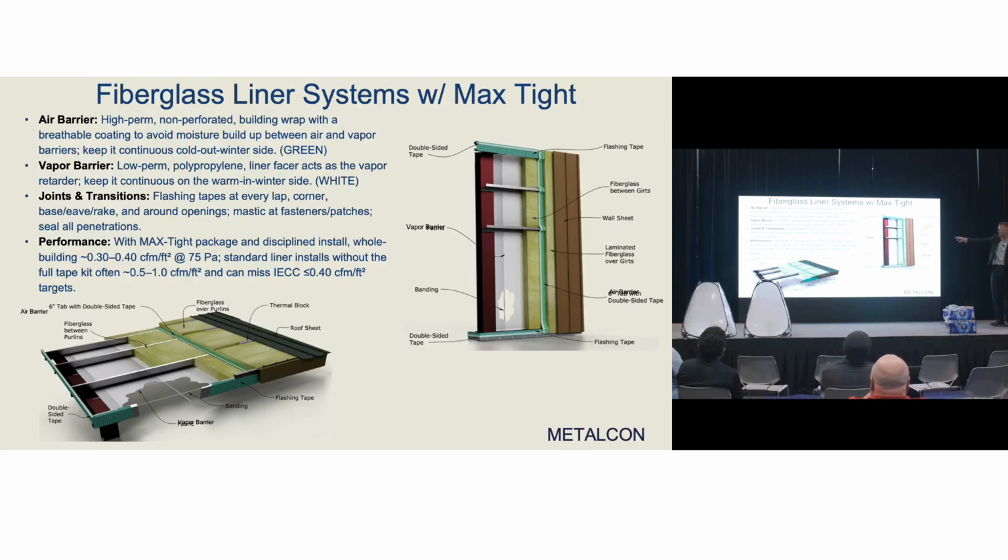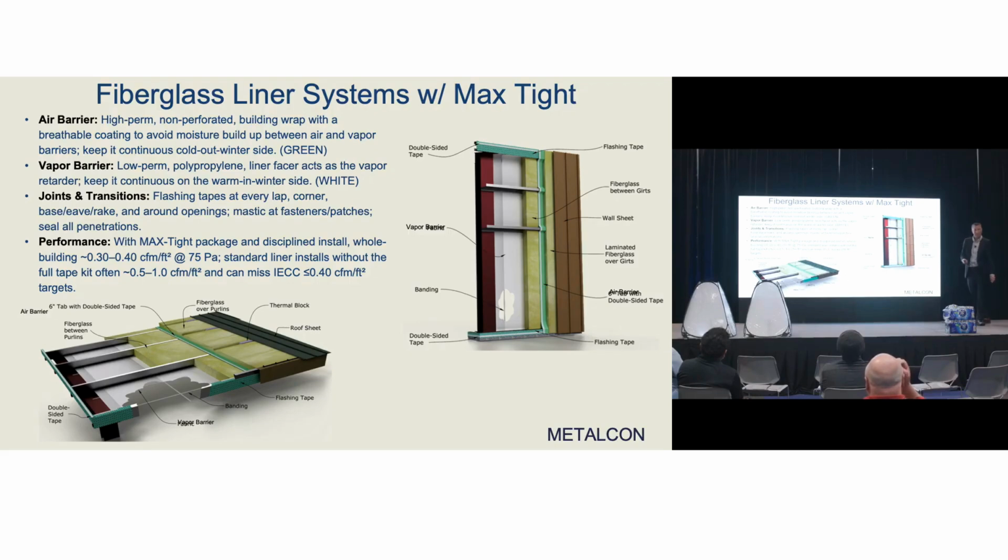When we look at this from a performance standpoint, and we get done a good installation, the whole thing is taped, the whole thing is done well. Here's the flashing tapes. It's gonna perform at a value here of 0.3 CFMs per square foot.